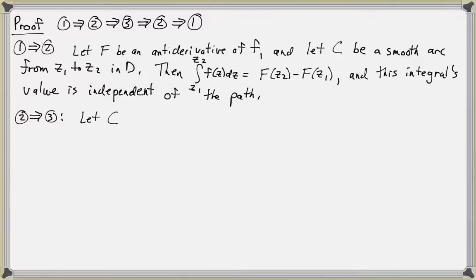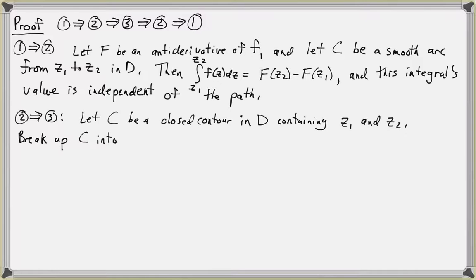So let C be a closed contour in D containing 2 points z1 and z2. Then I'm going to break up C into 2 paths. So the paths are going to be C1 and C2.